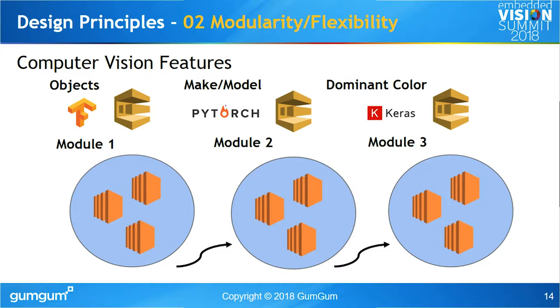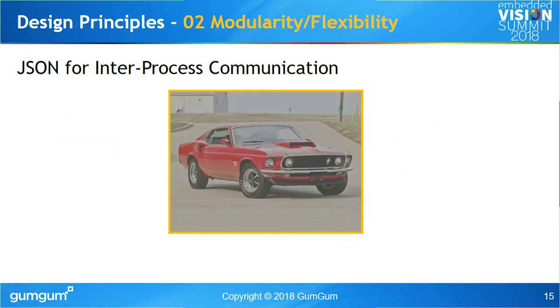Now that we have solved this problem of finding newer models of cars in different colors, the way that they can perform these functions efficiently is only if they can communicate efficiently. In order to communicate efficiently, they need to speak the same language. And we, like a lot of other applications out there, use JSON for inter-process communication.